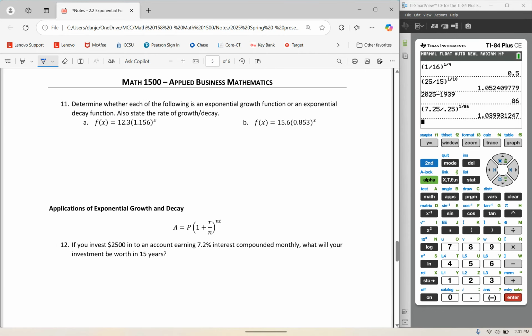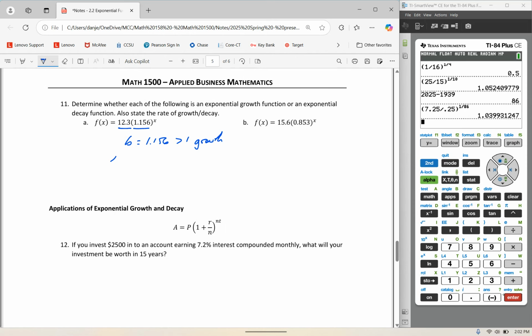Let's look at some more growth and decay and what's the rate of increase. In number 11A, my A value is 12.3. That's my initial value. My B value is 1.156. That's greater than 1, so it's growth.